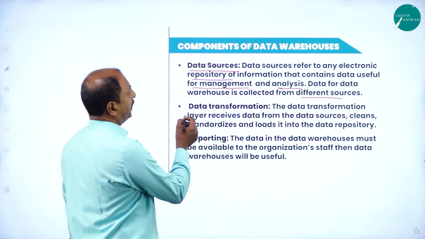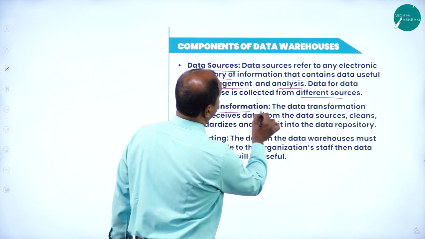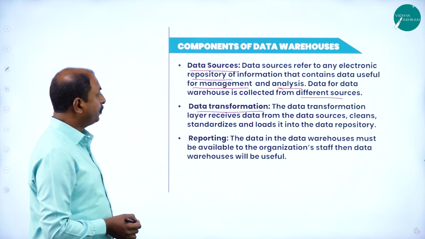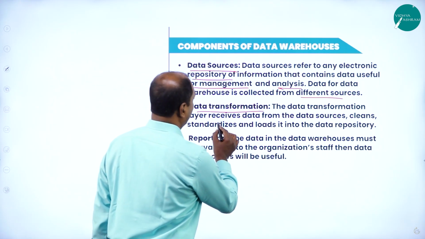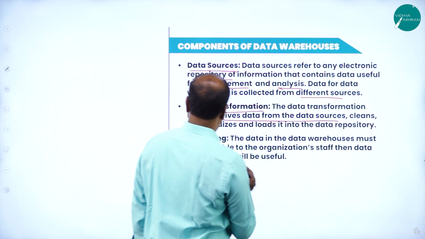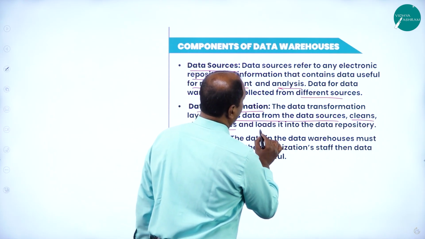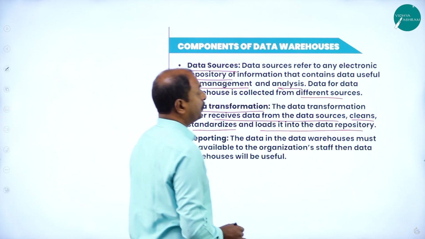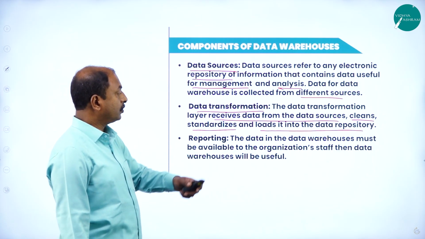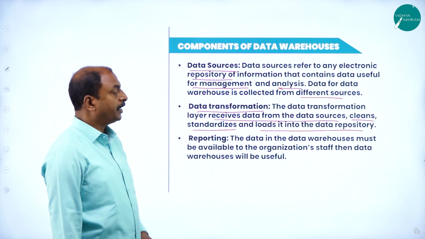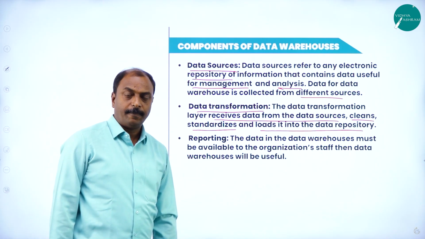Next one is data transformation. The data transformation layer receives data from the data source, and it cleans, standardizes, and loads it into the data repository, that is, the data warehouse. What is data transformation? It is nothing but cleaning the data.